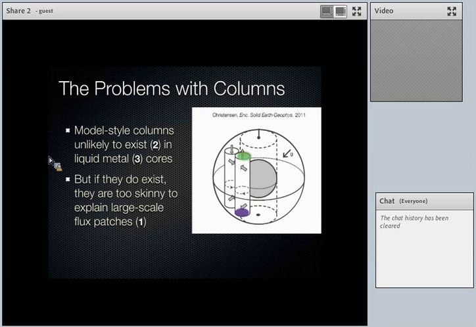They probably become three-dimensional and devolve into quasi-geostrophic turbulence. That's especially true in liquid metals where the inertial terms are more relevant. However, even if those columns did exist and you extrapolate them to planetary settings, they're so skinny that they really can't explain the large-scale flux patches that we seek to describe.